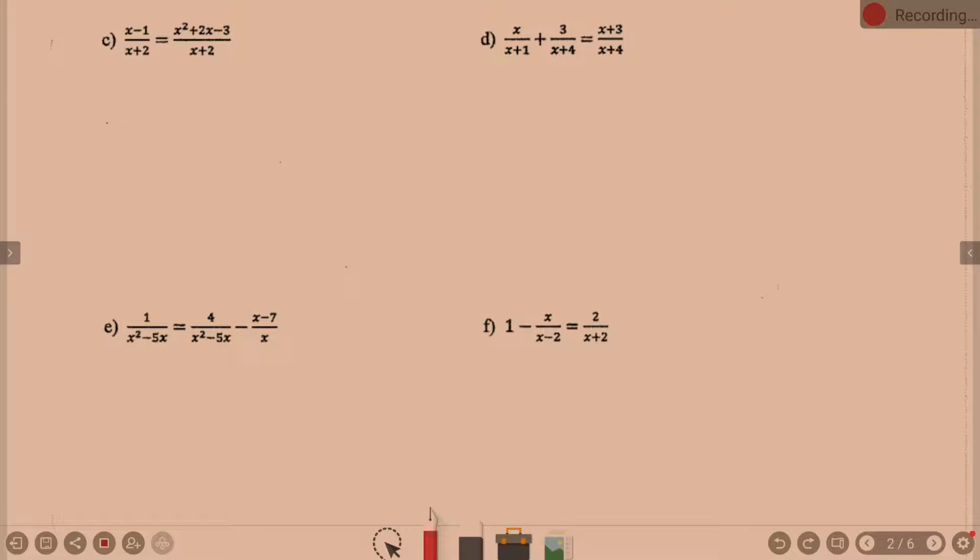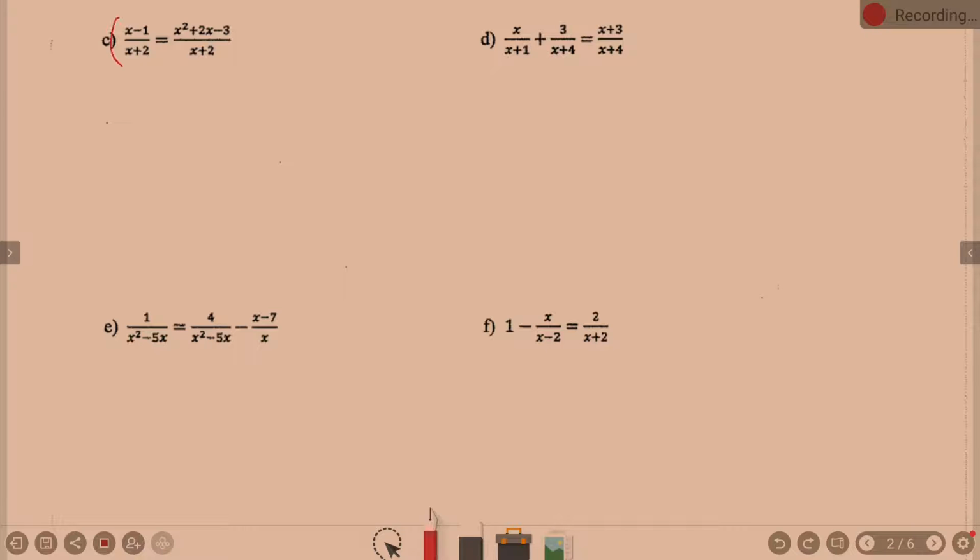So, real quick, C. If we were doing C, what would I be multiplying both sides of my equation by? I'm not going to do C, but I just want to talk about it for a moment.